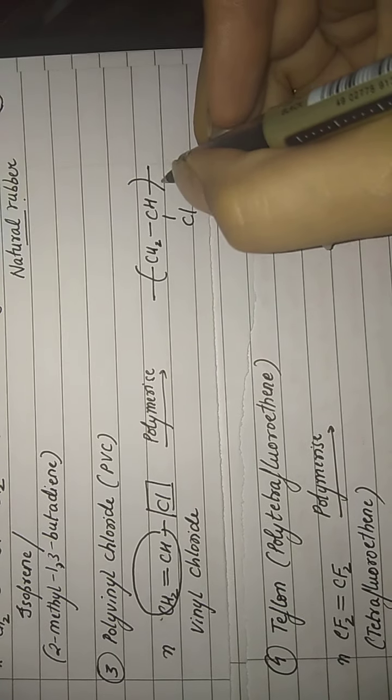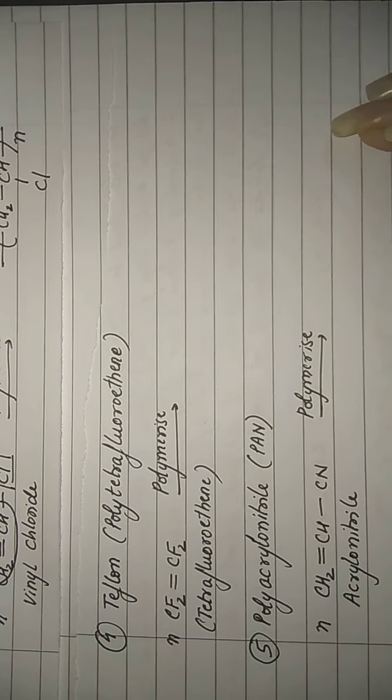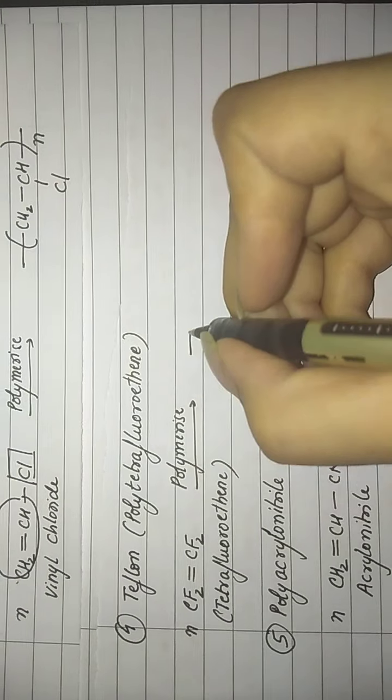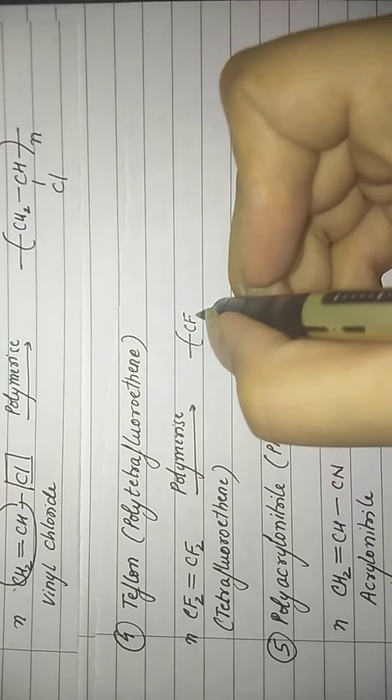So I draw it here and I write N. This is my PVC, polyvinyl chloride. Similarly, Teflon, which is polytetrafluoroethene, instead of the 4 hydrogen atoms, I have put the fluorine atoms. So just like you draw the structure of the polymer polyethene, similarly you can draw for Teflon CF2, CF2 and N. Fine.